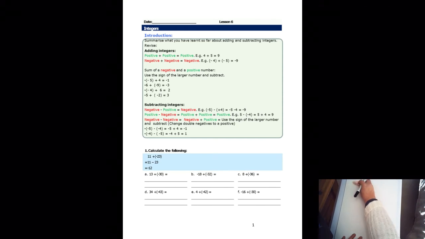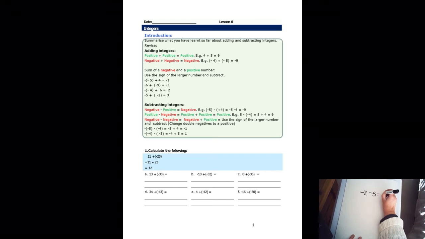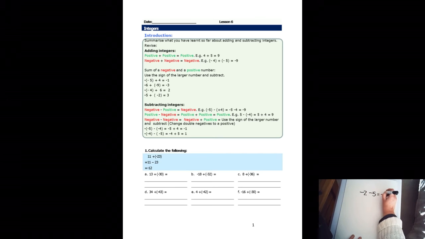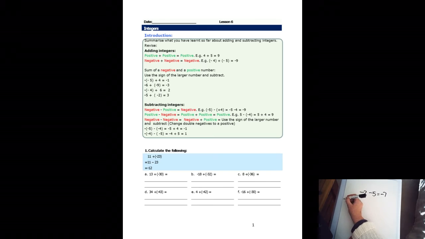First of all, we've got to add and subtract negative numbers. So if I say -2 -5, that gives me -7. Why? Because it goes deeper into the integers, the negative numbers.